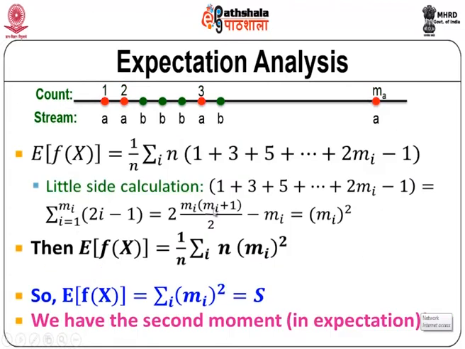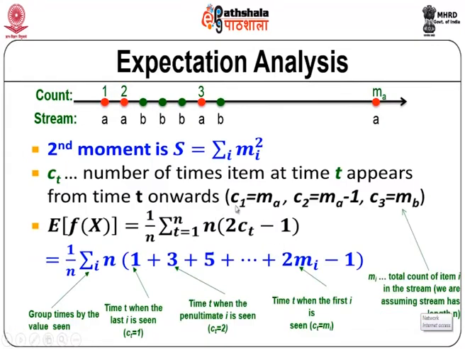With this equation, let us take the inner side of this equation and do a separate calculation. So, this series 1 + 3 + 5 is equal to summation of (2i - 1), which is equal to m_i square. Therefore, the expectation of f(x) will be equal to 1 by n summation of n into m_i to the power 2.